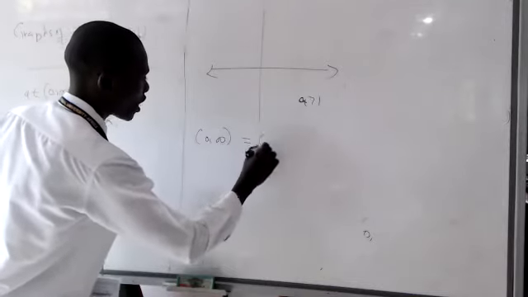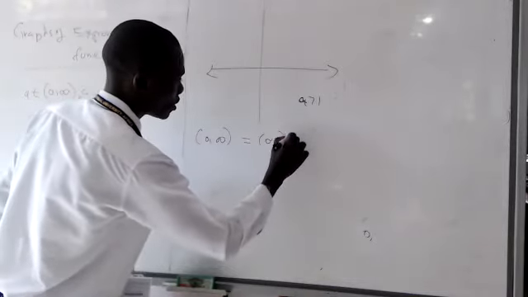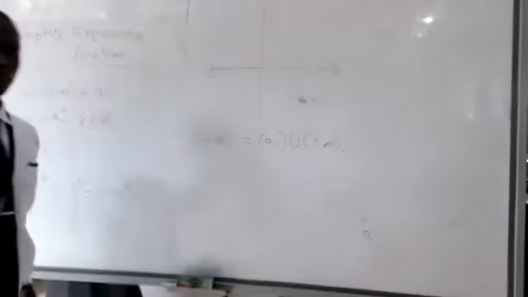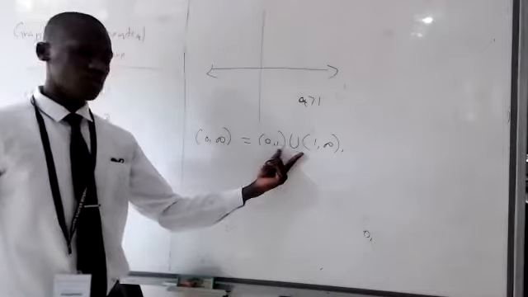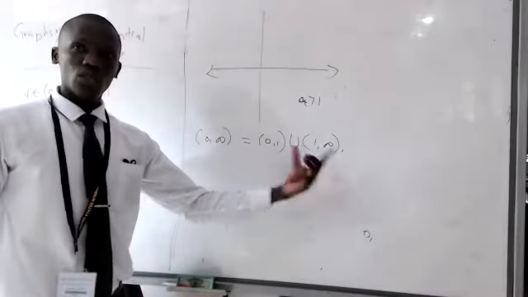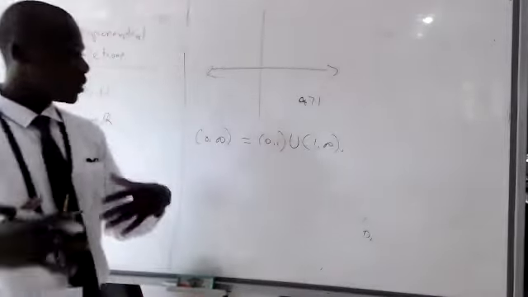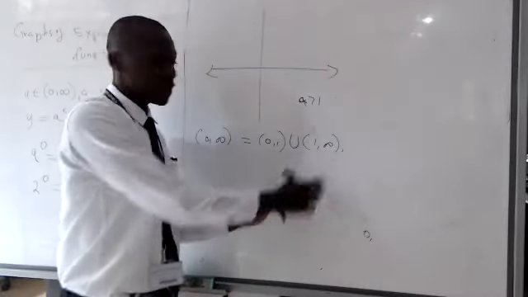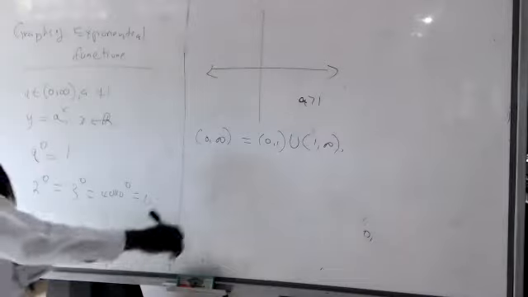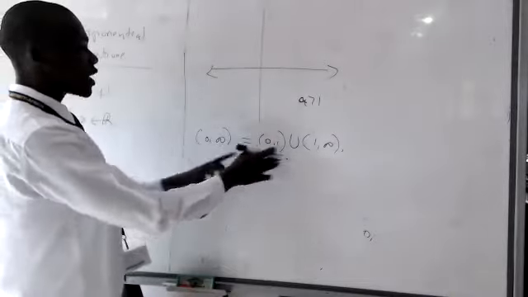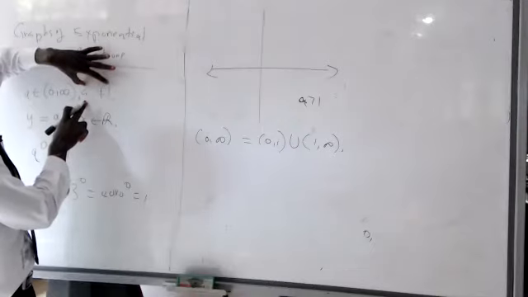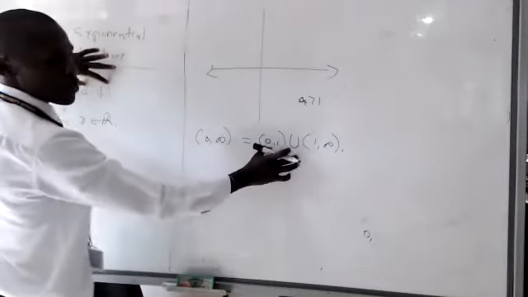We can write this as from 0 to 1, union from 1 to infinity. You know the meaning of union? This is a set. So a union of two sets is simply an element which belongs to either this set or that set or both of them, okay? Now, I've split this interval because we cannot use 1 as a base. So that's why I'm removing 1 from this.